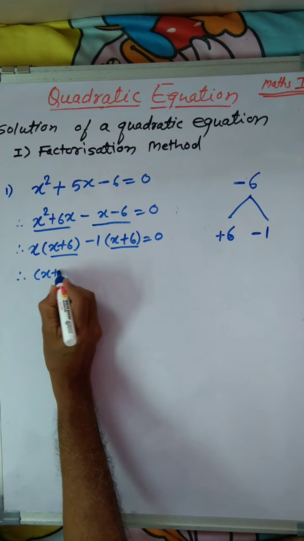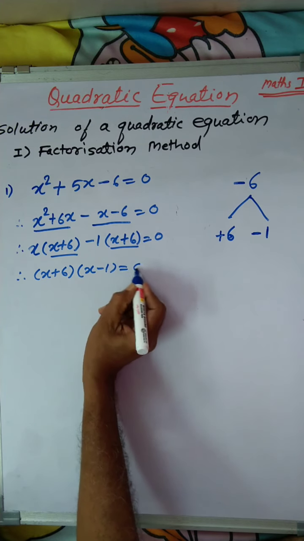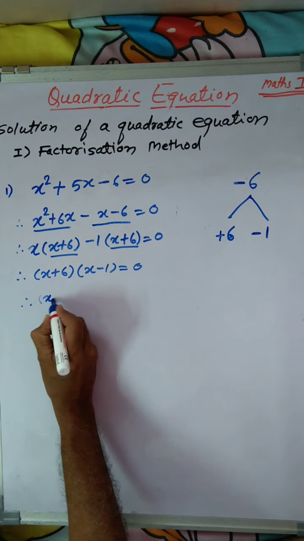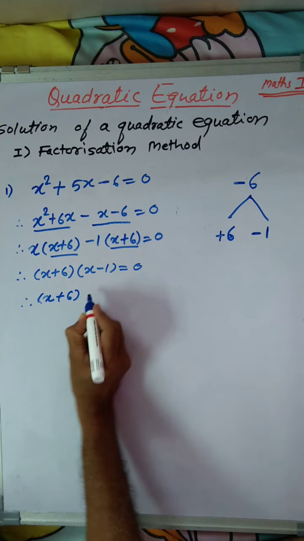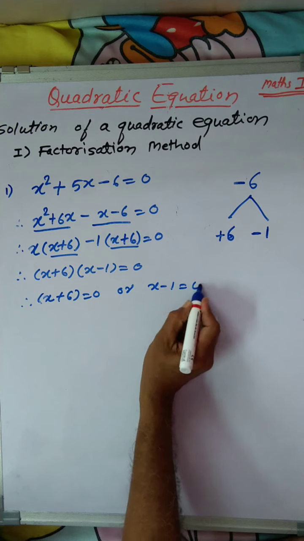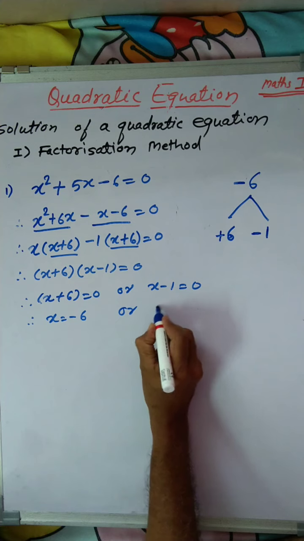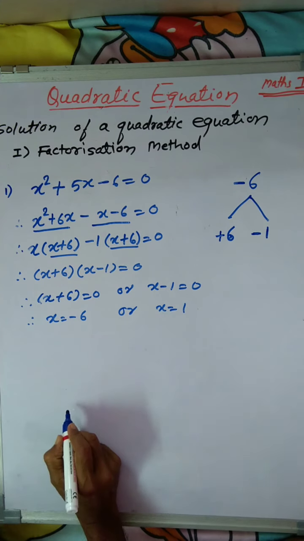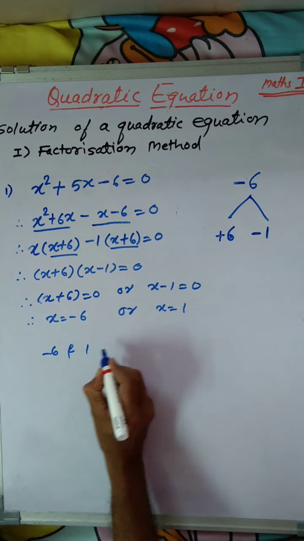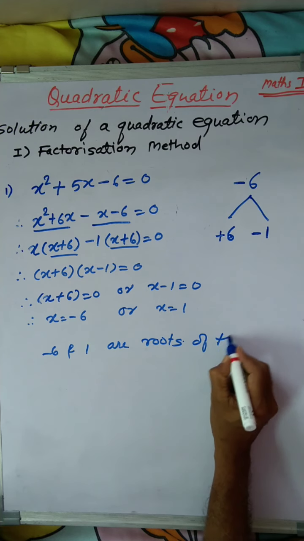We get the first bracket x plus 6 and the second bracket x minus 1 is equal to 0. The product of this is equal to 0. Therefore x plus 6 is equal to 0 or x minus 1 is equal to 0. Therefore x is equal to minus 6 or x is equal to 1. That is our solution. Hence minus 6 and 1 are the roots of this equation.